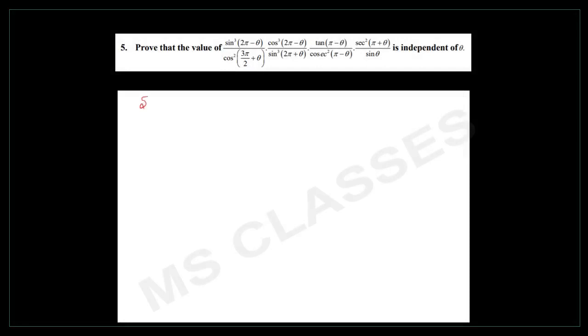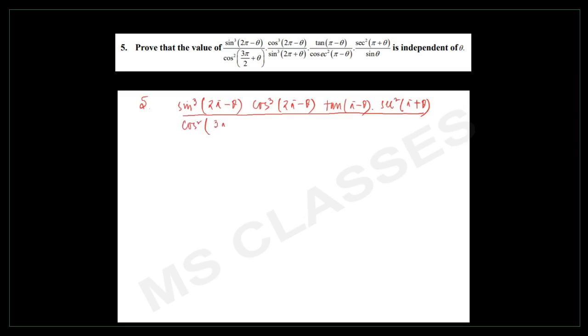Fifth one. It is said, prove that the expression sine cube (2 pi minus theta) cos cube (2 pi minus theta) tan (pi minus theta) into sec square (pi plus theta), divided by cos square (3 pi by 2 plus theta) into sine cube (2 pi plus theta) cosec square (pi minus theta) into sine theta, is independent of theta.